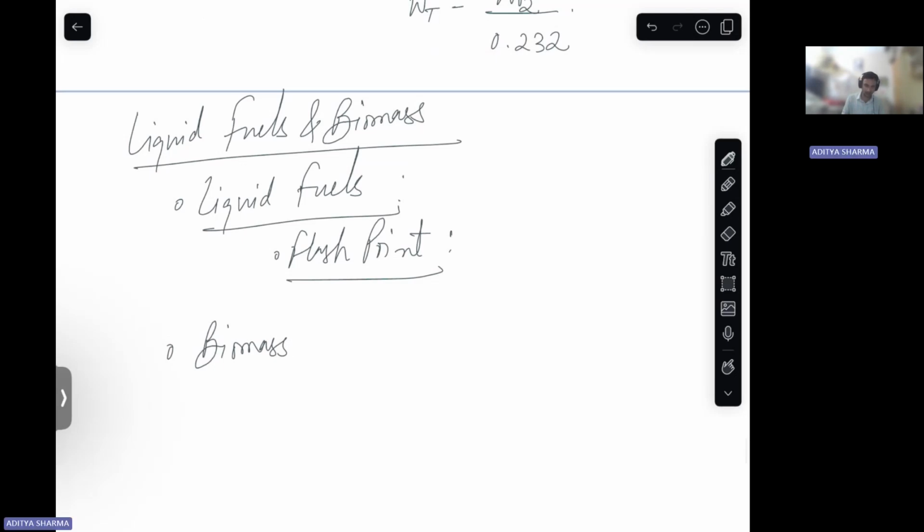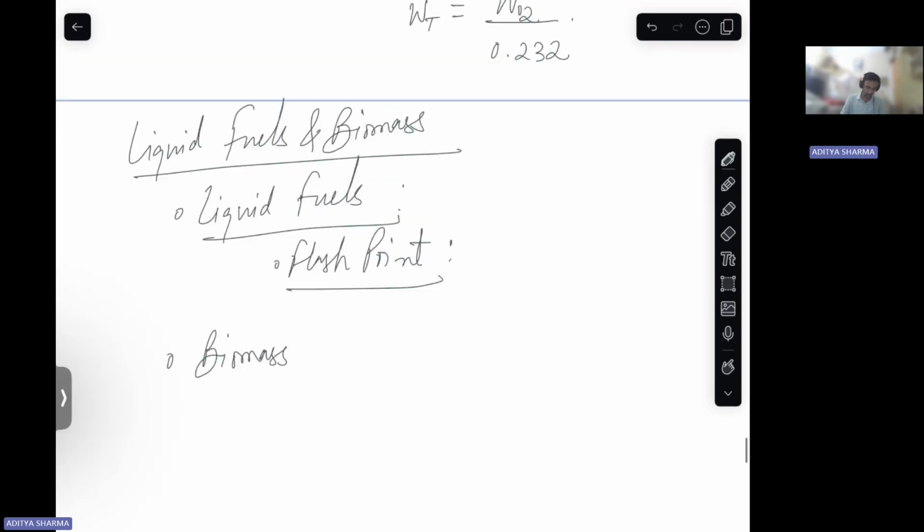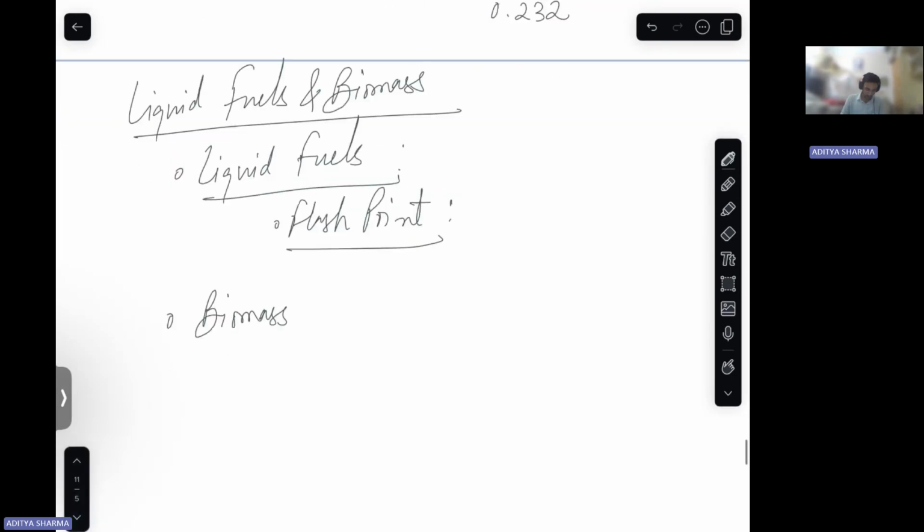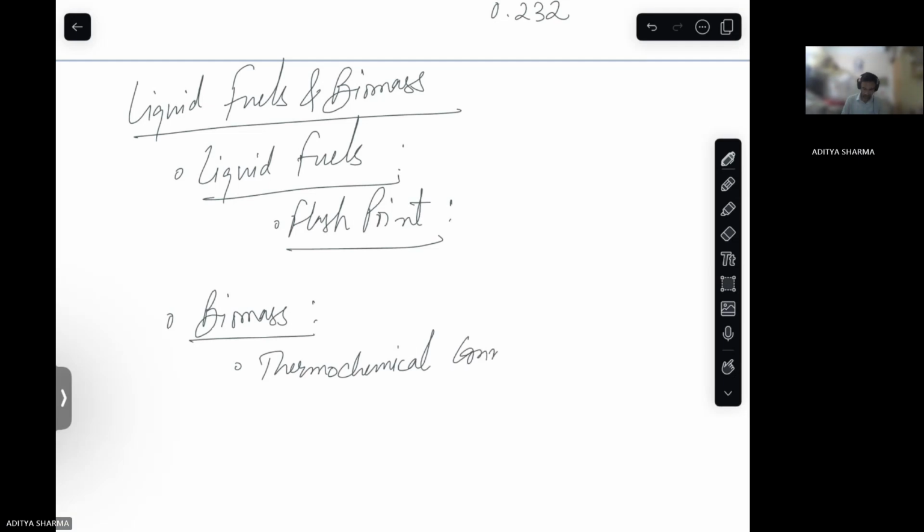All this has been given in your lecture, right? Then what is biomass? Bio, as we know, is life, so it is related to that only.